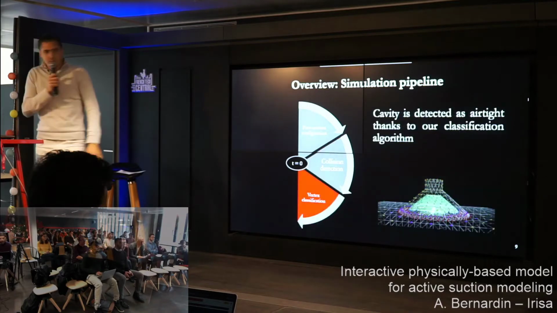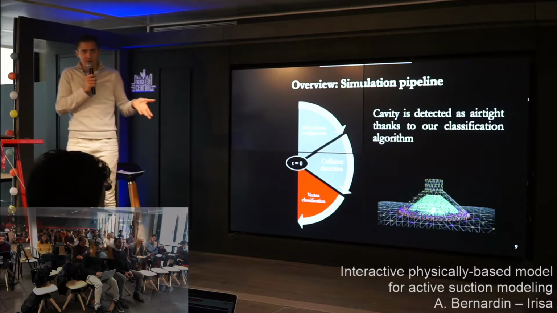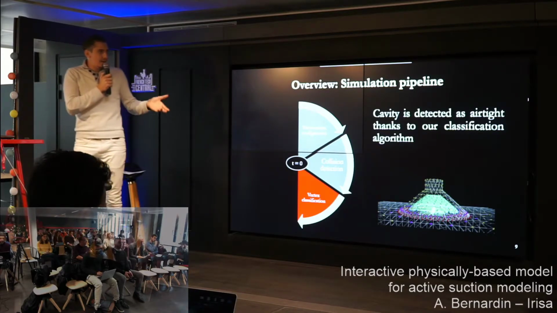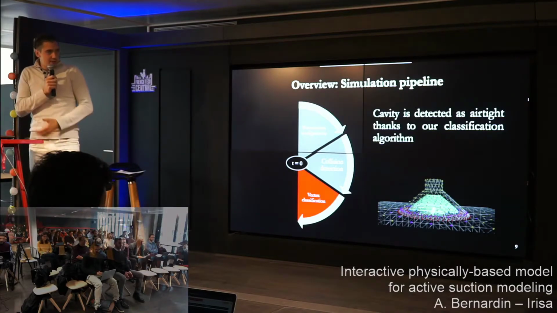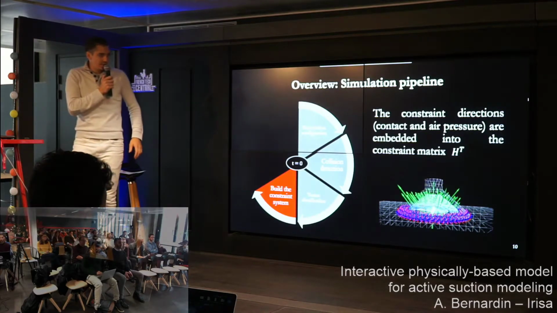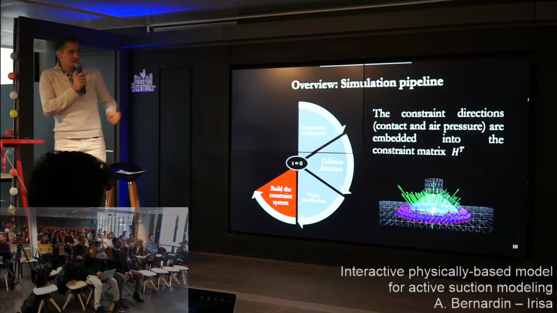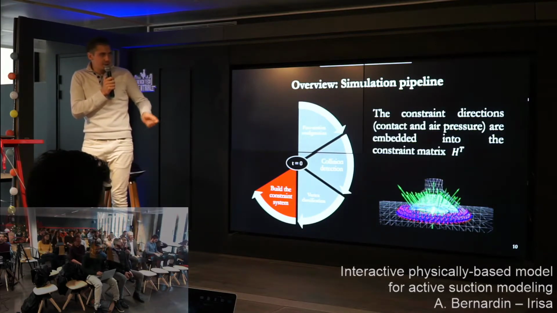Otherwise, we run our classification algorithm, a vertex classification algorithm more precisely, and in this way we detect if the cavity is airtight or not. If it's airtight, we generate different constraints: the contact constraints and the air pressure constraints' directions.